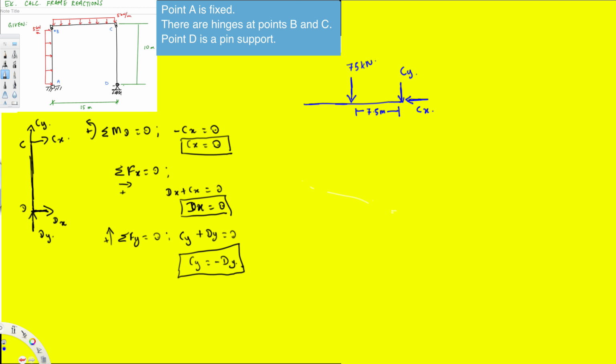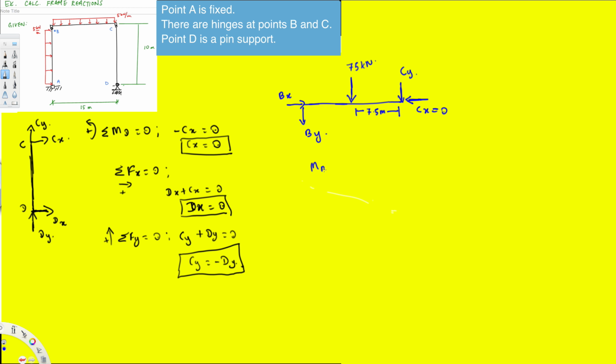We know Cx is equal to 0, and Cy we have to figure out. Also we are going to have Bx and By. We know Bx is going to be 0 too, because that's the only horizontal force. Let's put it anyway. So Bx, and let's say this is the By direction. And then what I have to do, I can calculate Cy by taking moment around B.